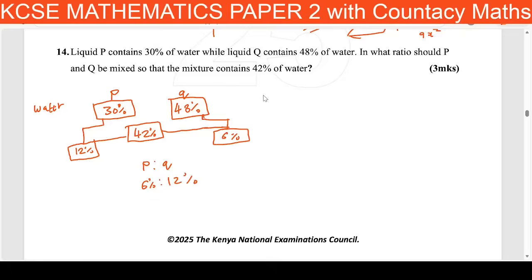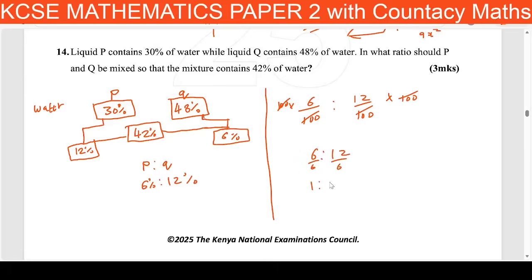Remember that 6% represents 6 over 100, and 12% represents 12 over 100. You can multiply by 100 to get rid of the percent, to remain with 6 is to 12. You can divide by 6, to get 1 is to 2. And that is the required solution.